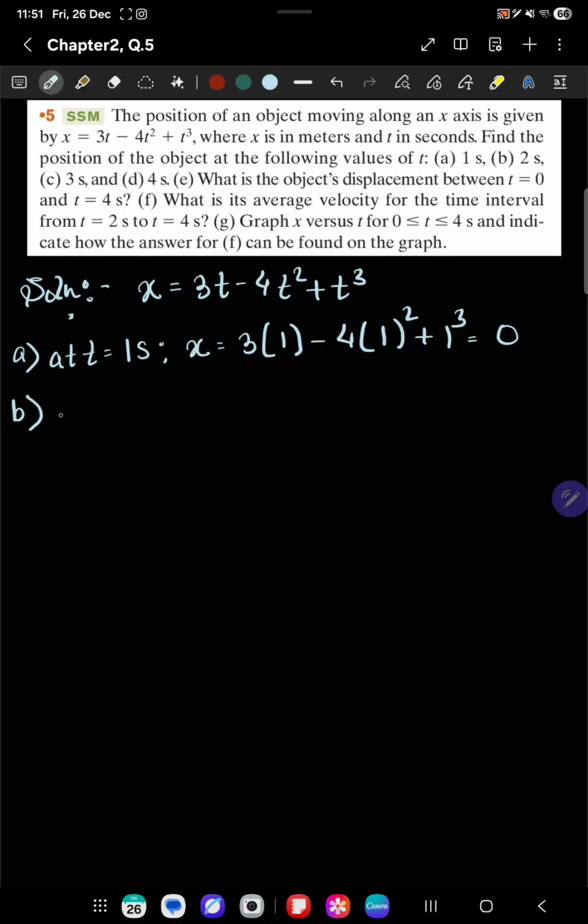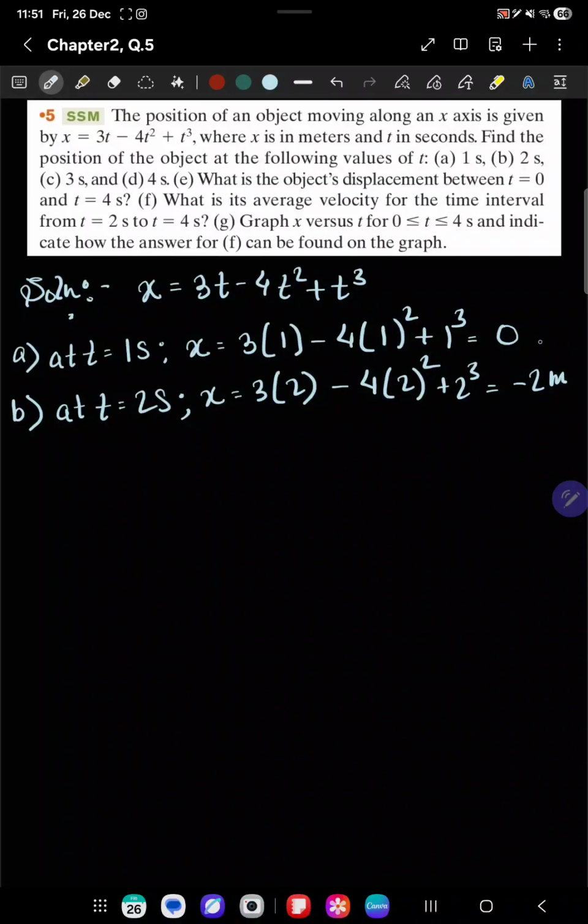B part, at t equal to 2 seconds, we just need to put t equal to 2 in the equation, right? So this will give us a value of minus 2. Since it is given in meter, so I am writing in meter.